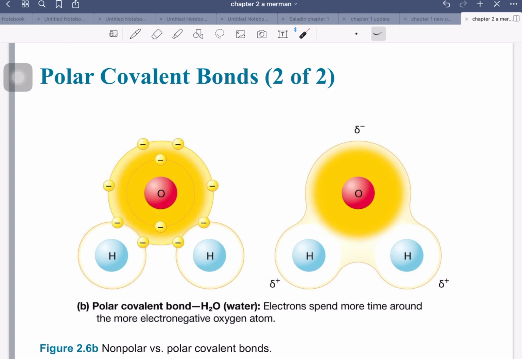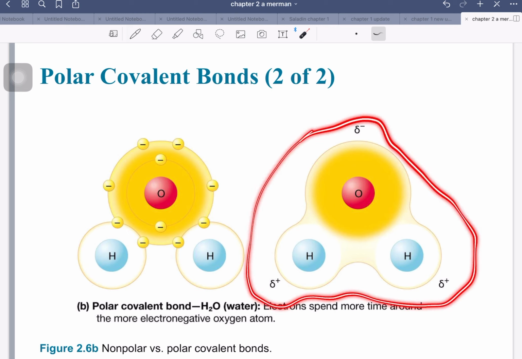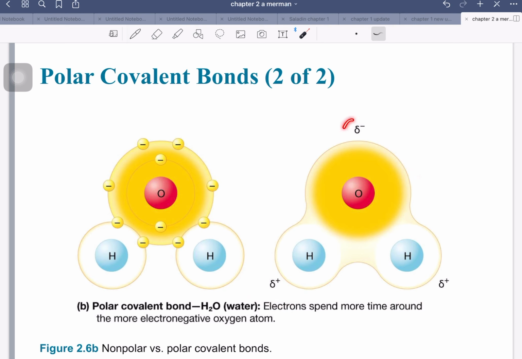The electron tends to spend more time down at this end. As a result, when we look at the overall molecule, since the electron tends to spend more time around the oxygen, this whole structure has what is functionally more of a negative end and positive ends.